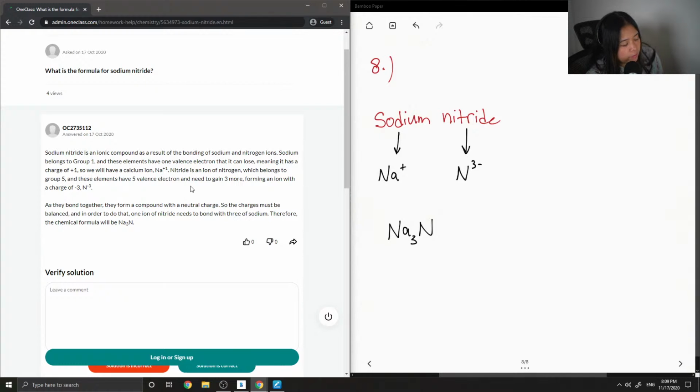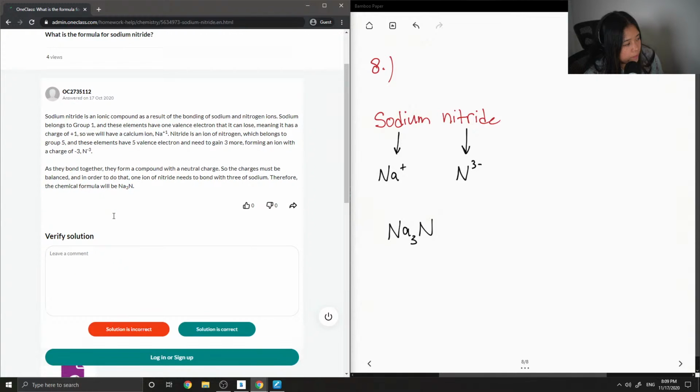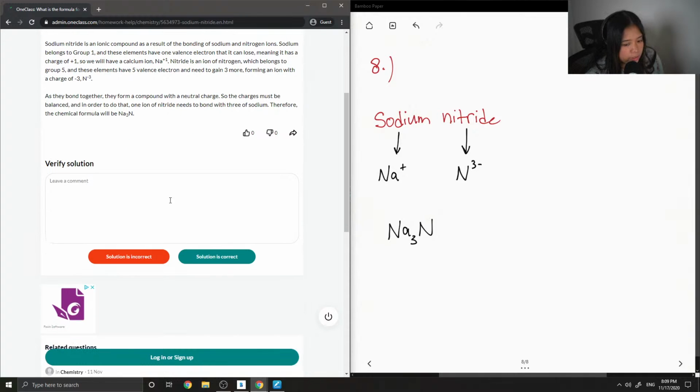Nitride is an ion of nitrogen, which belongs to group 5, and these elements have 5 valence electrons and need to gain 3 more, forming an ion with a charge of -3. As they bond together, they form a compound with a neutral charge, so the charges must be balanced, and in order to do that, 1 ion of nitride needs to bond with 3 of sodium. Therefore, the chemical formula will be Na3N. Yep, so this solution is correct.